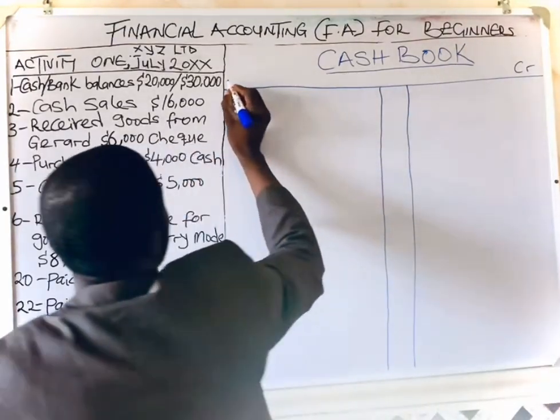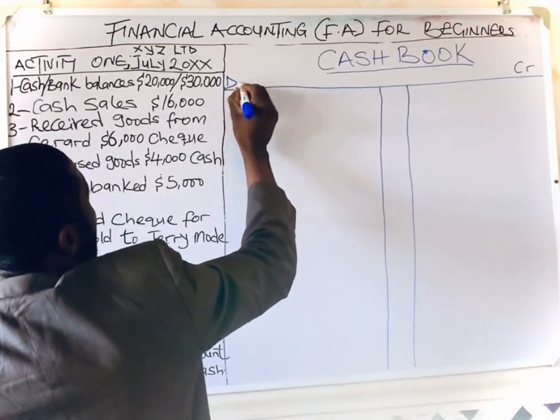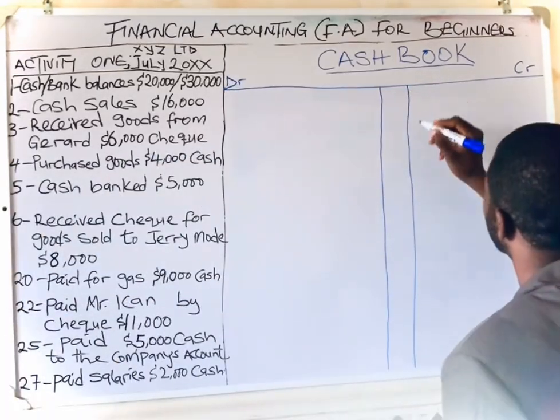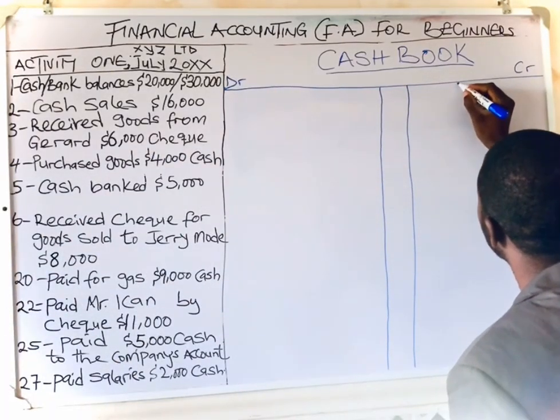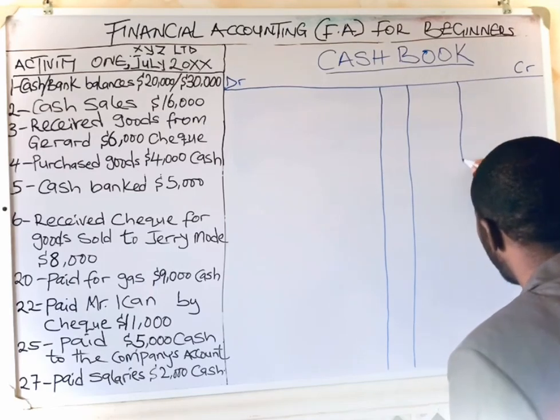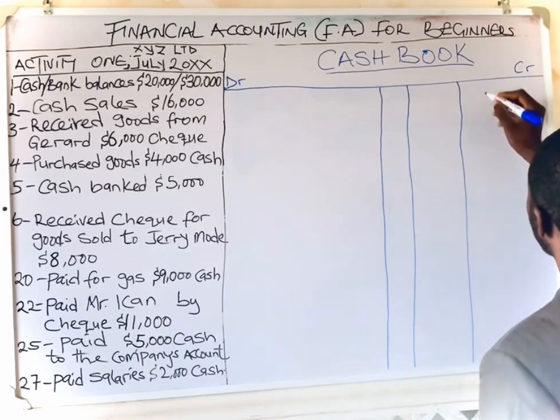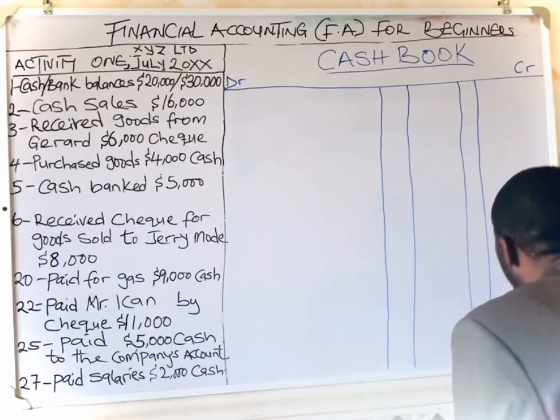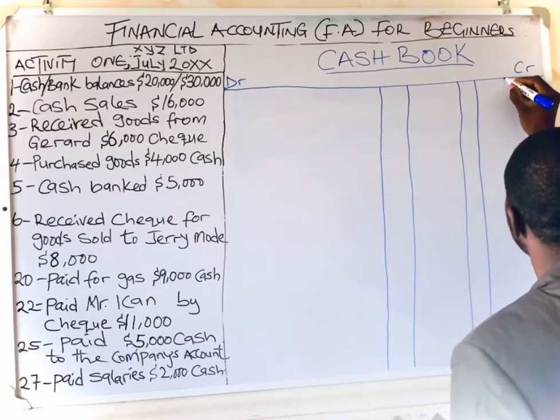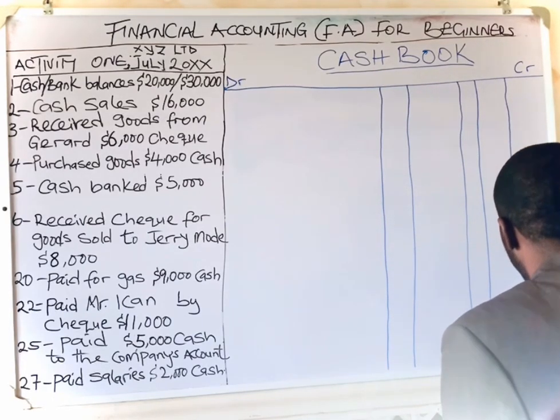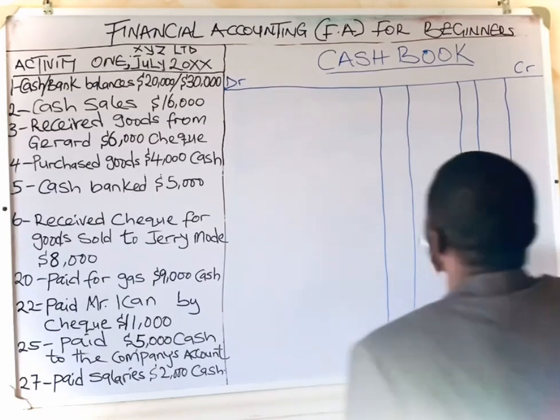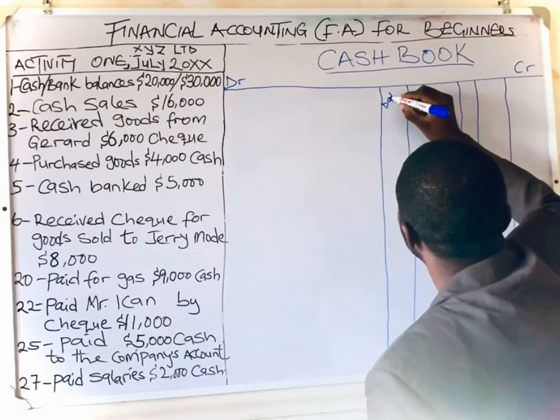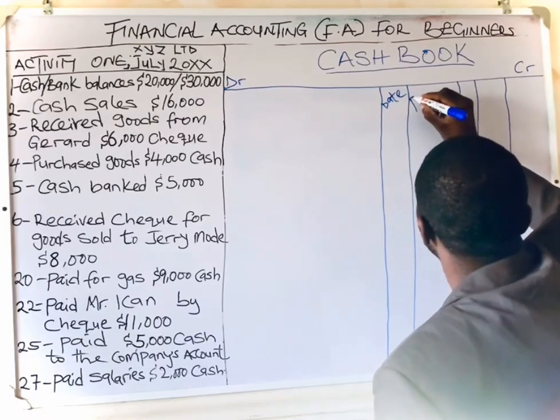On the debit side, we have the date, the particulars or details, folio, and cash and bank.